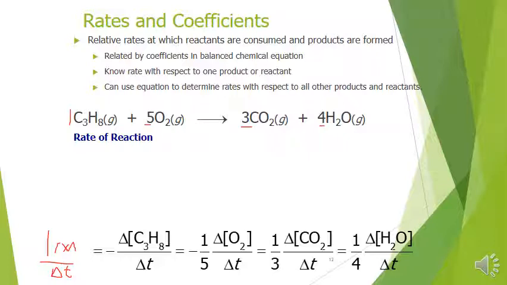Okay, so if we know the speed of the overall reaction, because of the coefficient 1 here, that means for every one reaction, you'll lose one of these. Okay.